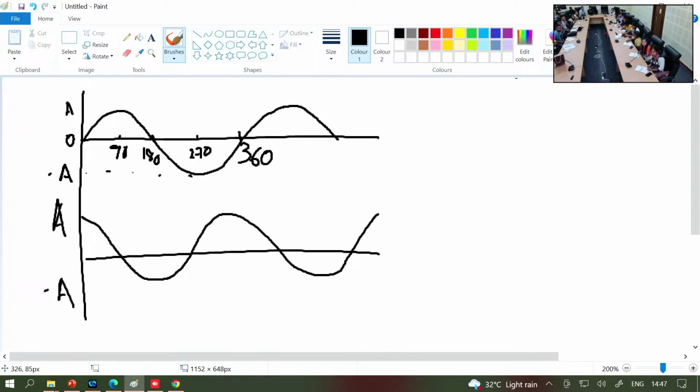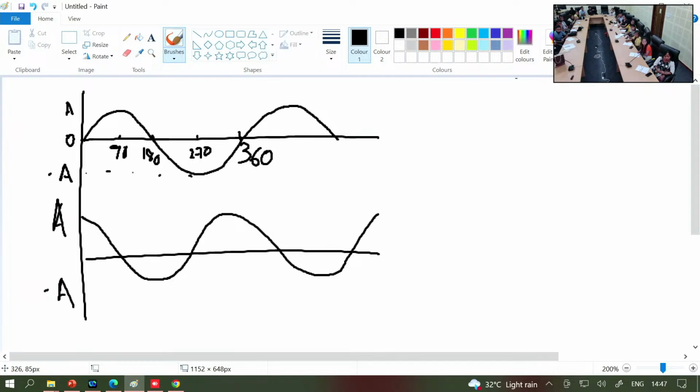Like that, some number is assigned to every point. Whether the wave is starting at this point or at this point, the wave remains the same. It is just the starting point that is varying. The number associated with that starting point is the phase.